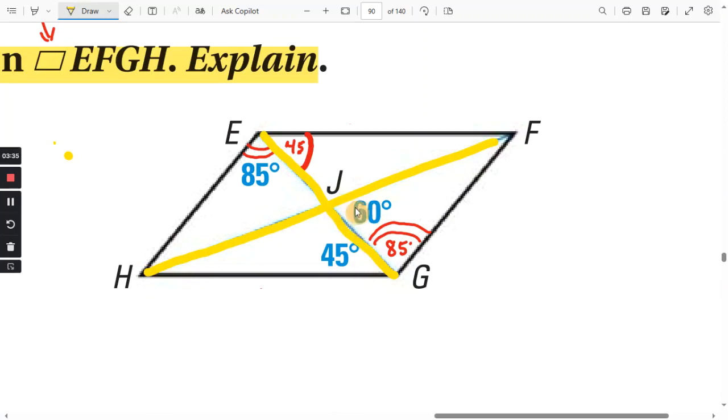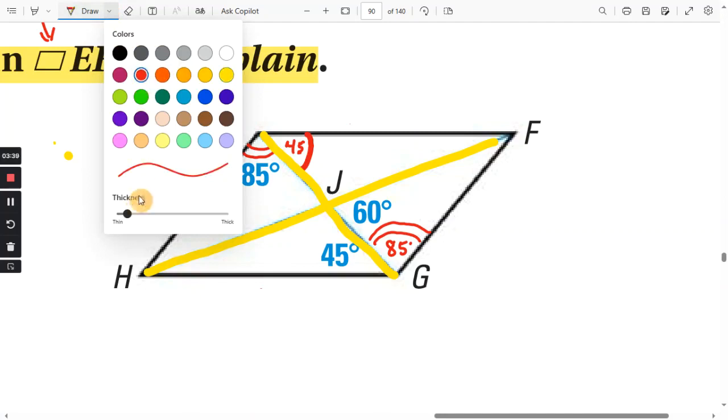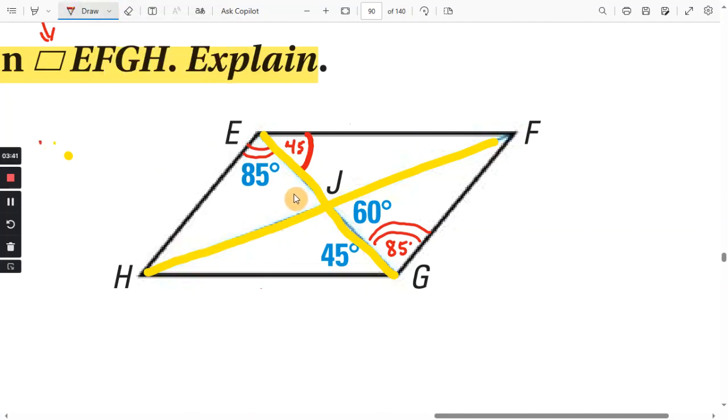If this angle here is 60, this one here is also going to be 60. So I'm going to fill in the 60 right here. And remember, a straight line is 180. So right here is a straight line, that's 180. So this one right here is just going to be 180 minus 60.